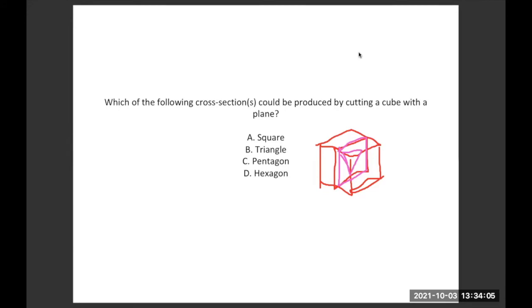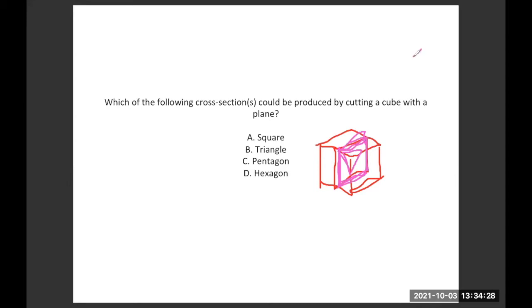Understood? Ma'am, but if we cut it into half, then we'll get two cuboids, right? No. You cut it, but then this pink colored surface, what you see is a square, right? Yeah. So that is the shape which is a cross section. A cross section is a shape which is seen when you cut something.